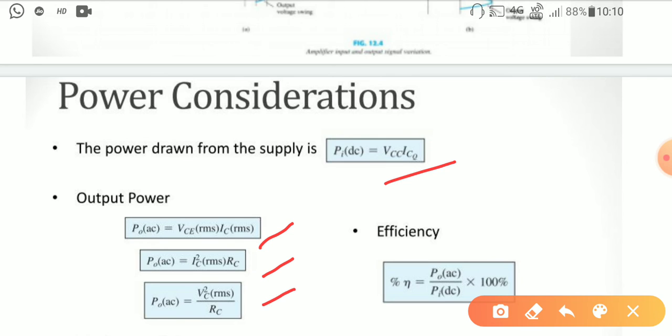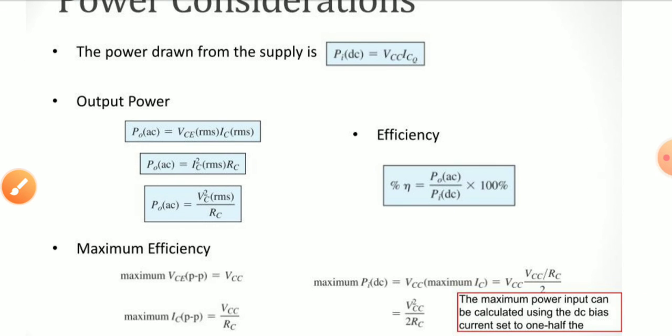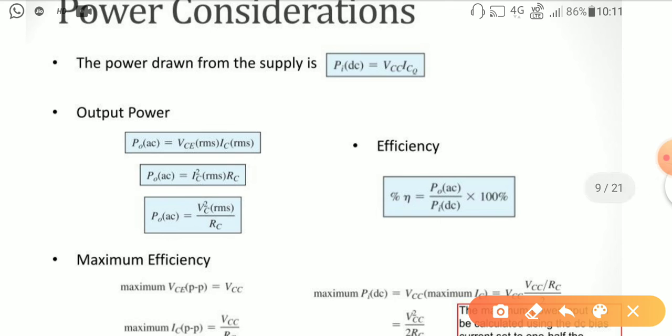Any one equation can be used for calculating the efficiency, because efficiency is defined as PO AC by PI DC, where PO AC is the output power in AC form and PI DC is the supplied power drawn.